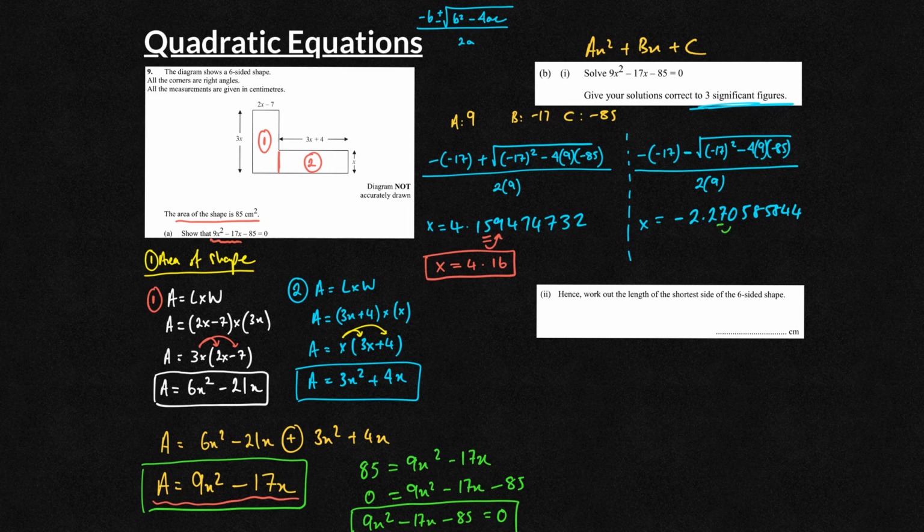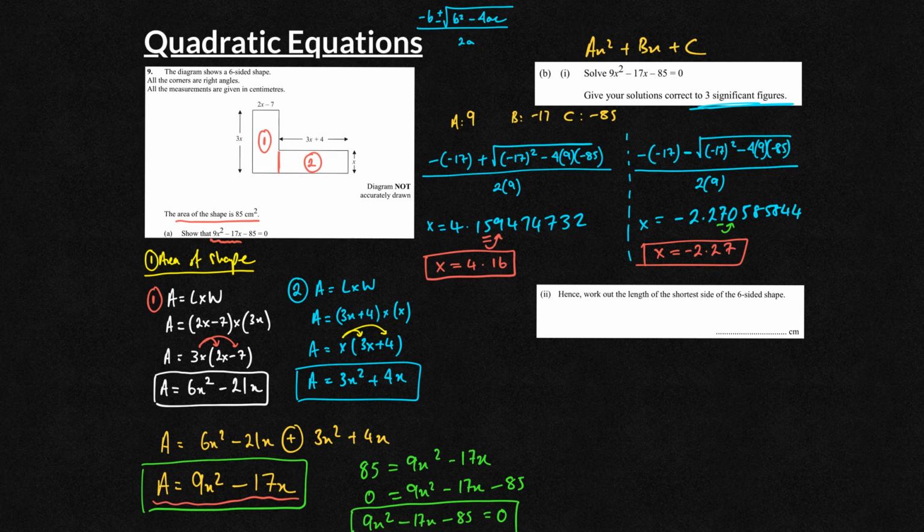Third one here, look at the number to the right, and that will stay as negative 2.27. So x equals minus 2.27, and that's the complete solution. So we've got two solutions here, one positive, one negative.